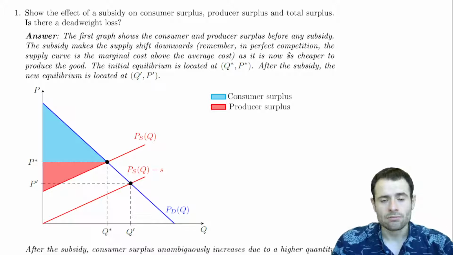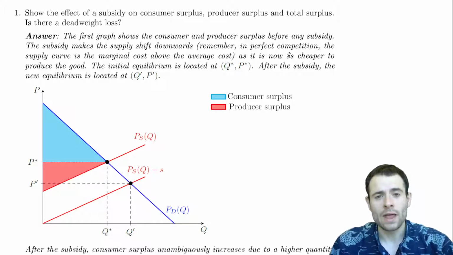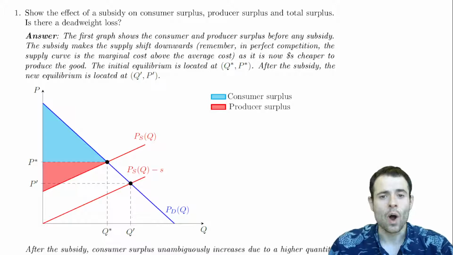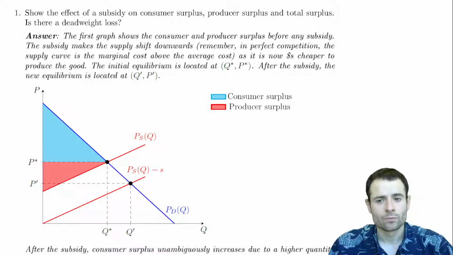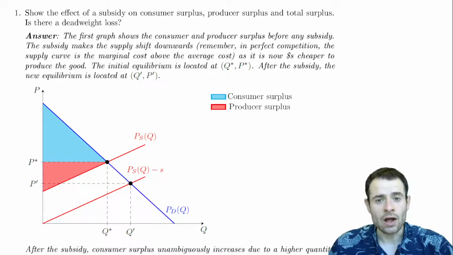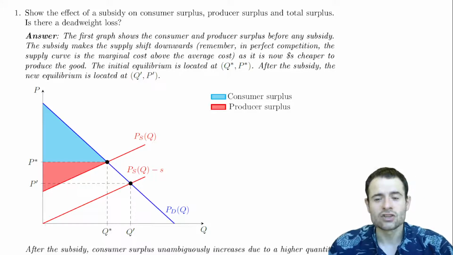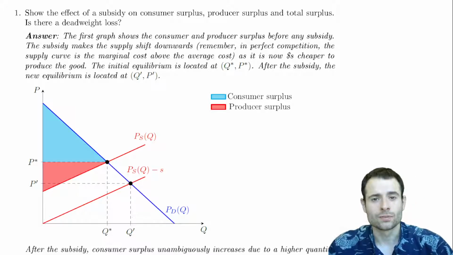A subsidy given to a firm represents an amount of money, S, that is going to be given to the firm every time it produces 1 unit of the good. So, it will make the supply curve shift down because now the good is S dollars cheaper to produce.